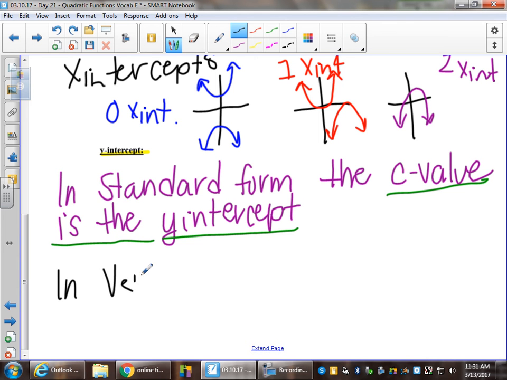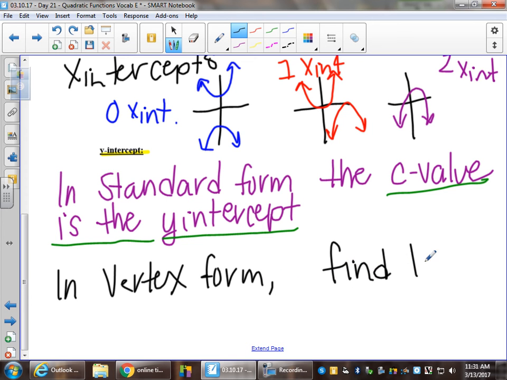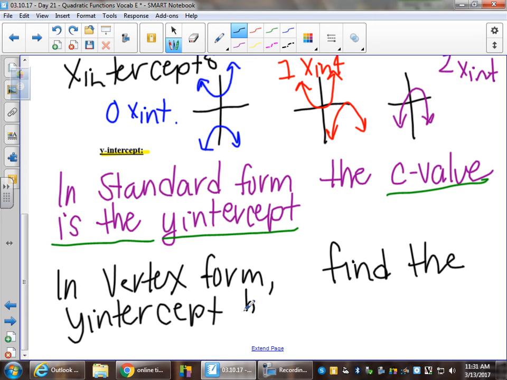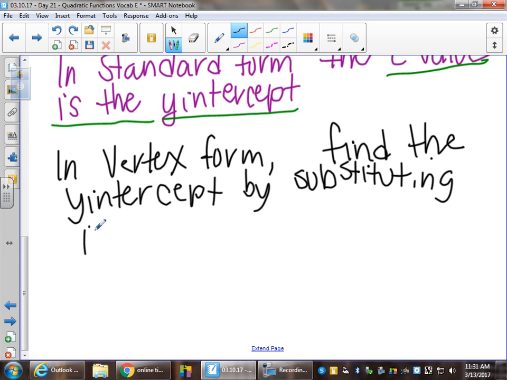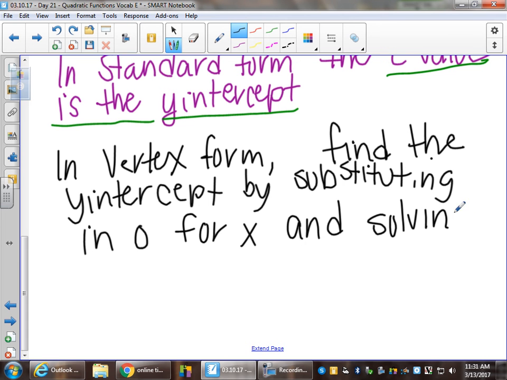In vertex form, you find the y-intercept by substituting in 0 for x and solving for y.